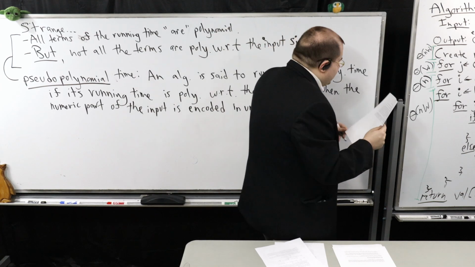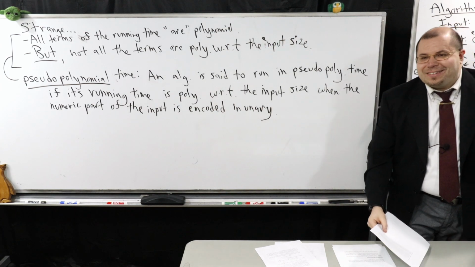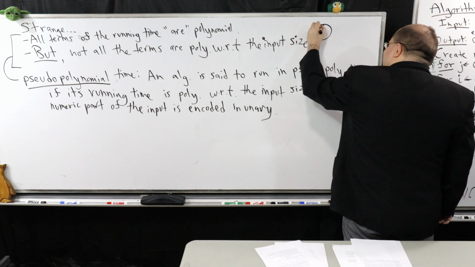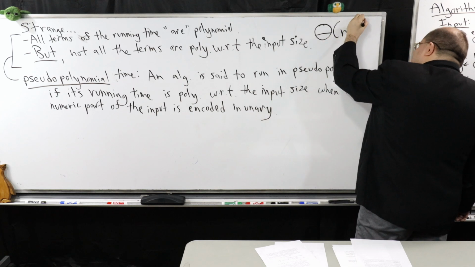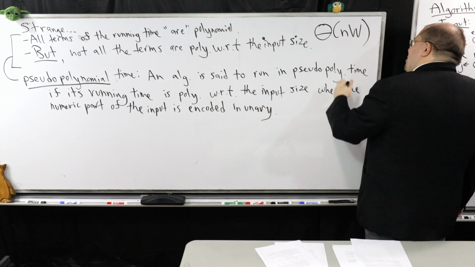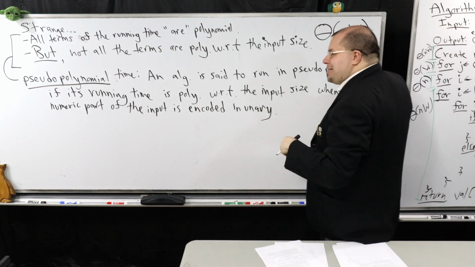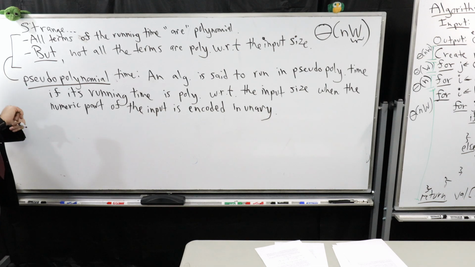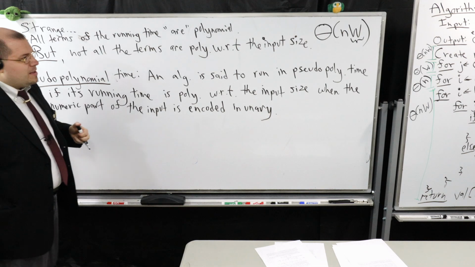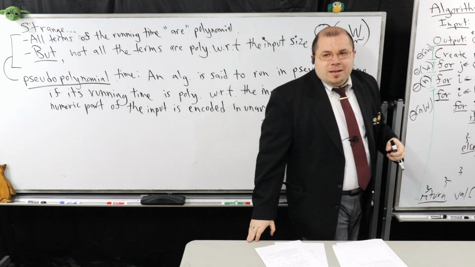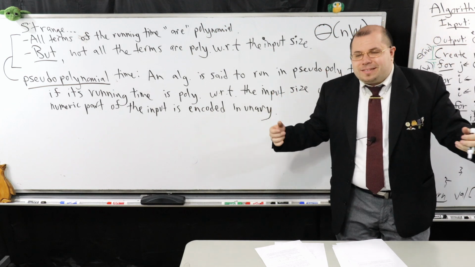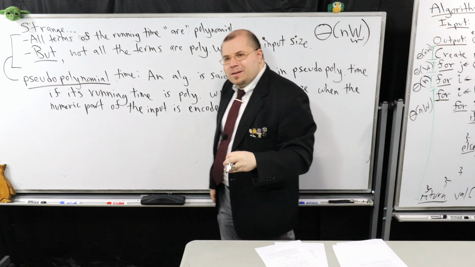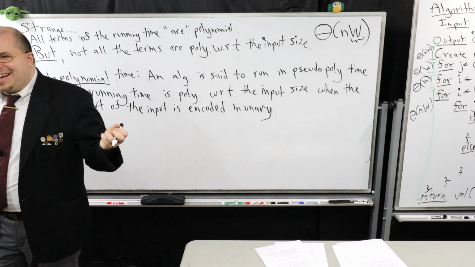So here's that thing I was telling you about at the beginning of this class. I want to write out what the running time is here. Remember, it's NW like this. What is capital W? Can somebody tell me what capital W is? It seems to be rather suspicious. What's its type?